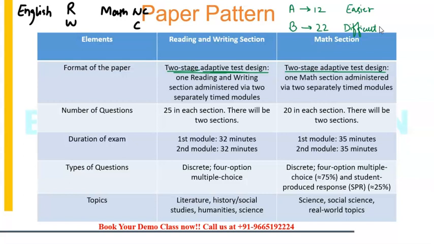What I feel is that if you score 12 questions correctly in the first section, thereby getting an easier section in the next one, you will have a very high probability of scoring fewer marks. Let's say you got 12 in the first one, and you scored 20 questions correct in the second one.